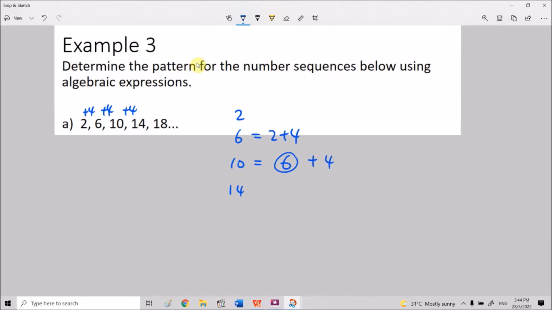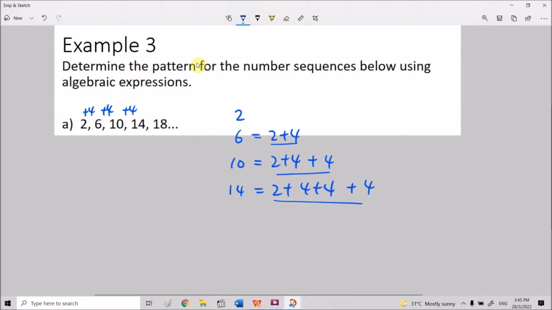And of course here the 6 we try to replace with 2 plus 4, and we get 2 plus 4 plus 4. I think you can see the pattern here, but we try one more. 14 is 10 plus 4, and 10 here equals 2 plus 4 plus 4. So we can write this as 2 plus 4 plus 4 for 10 plus 4.